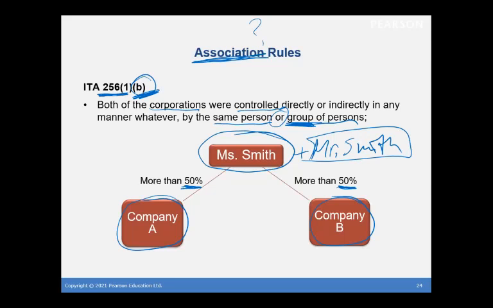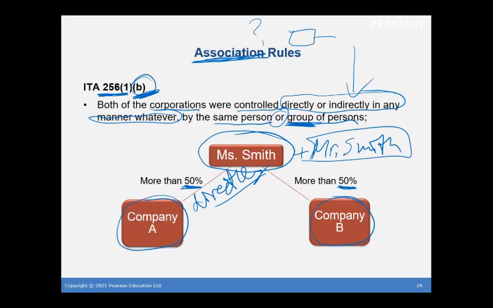Now, I should mention, you're going to see that directly or indirectly in any manner, whatever, over and over again in every example. Directly means Mrs. Smith directly owns these shares of company A. Indirectly just means you might have layers of corporations. These setups can get really complicated, right?